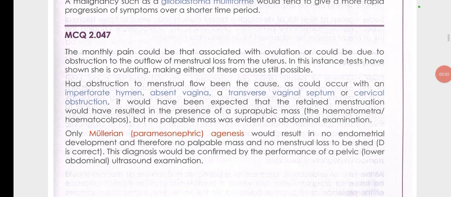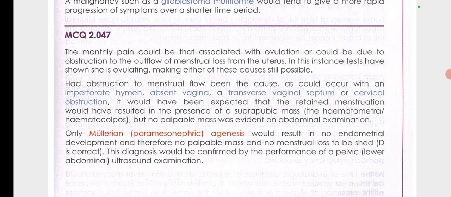So the monthly pain could be that associated with ovulation or could be due to obstruction to the outflow of menstrual loss from the uterus. In this instance, tests have shown she is ovulating, making either of these causes still possible.